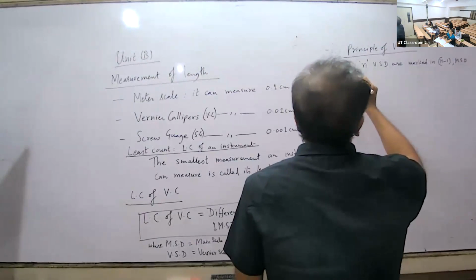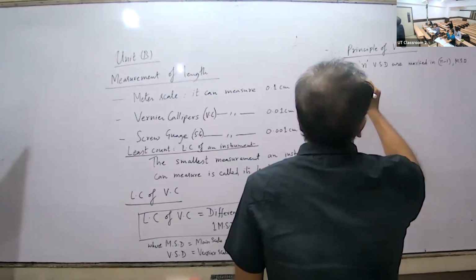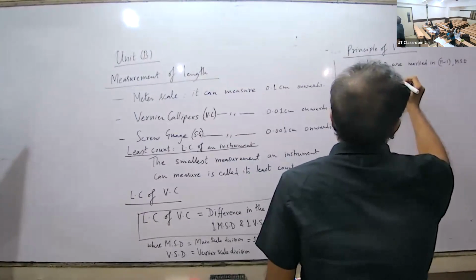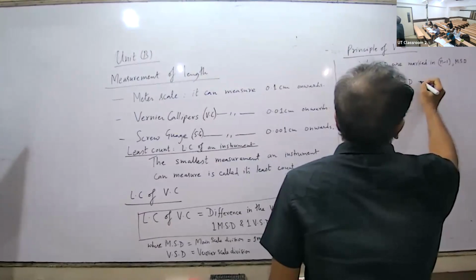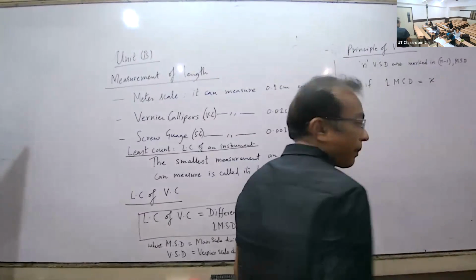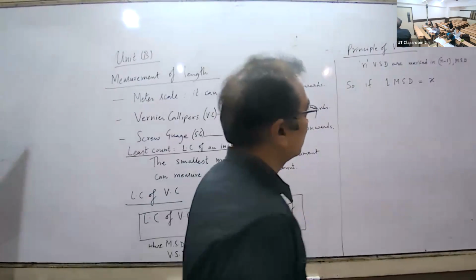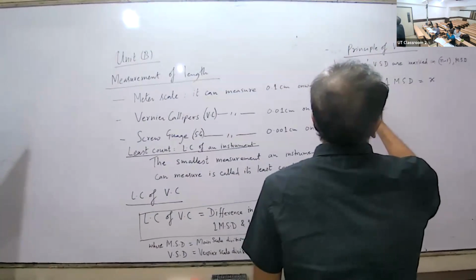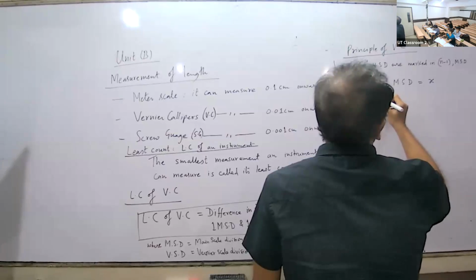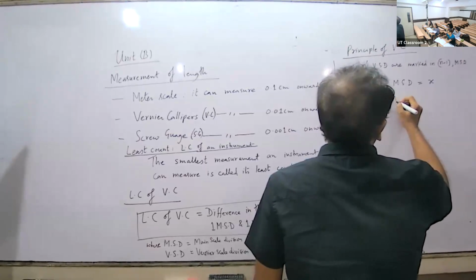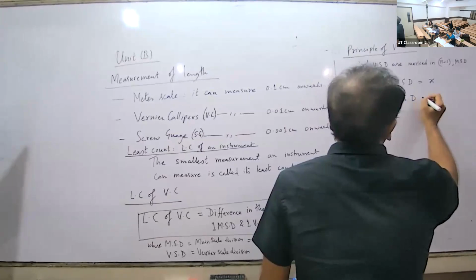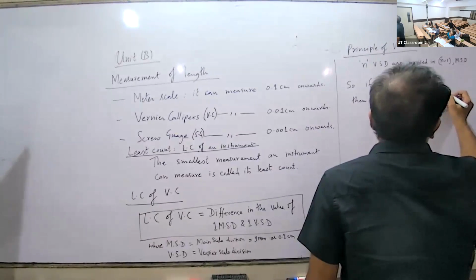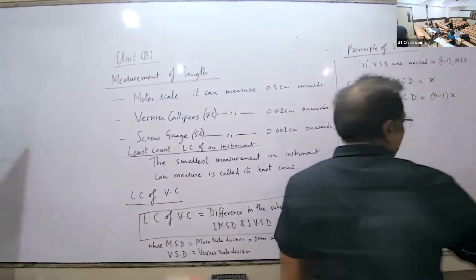So if one main scale division is equal to x millimeter, then n vernier scale divisions will be equal to n minus 1 into x.